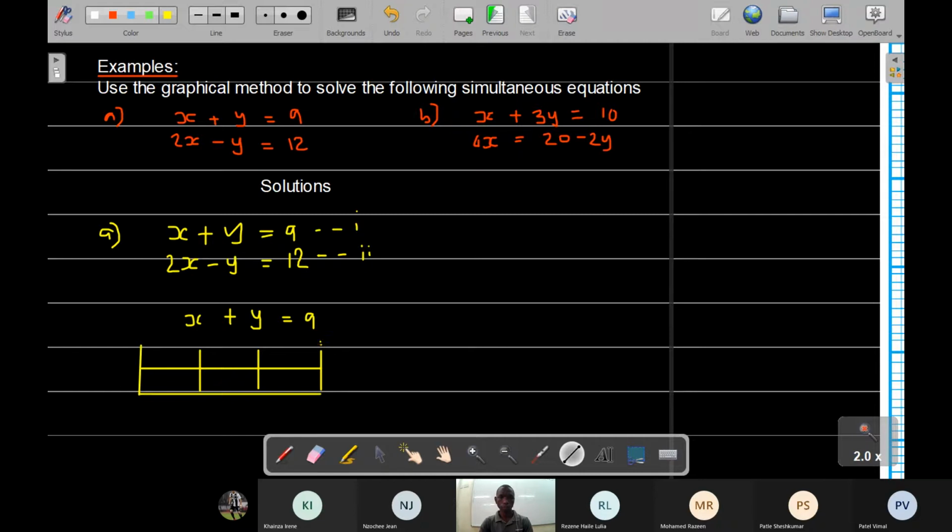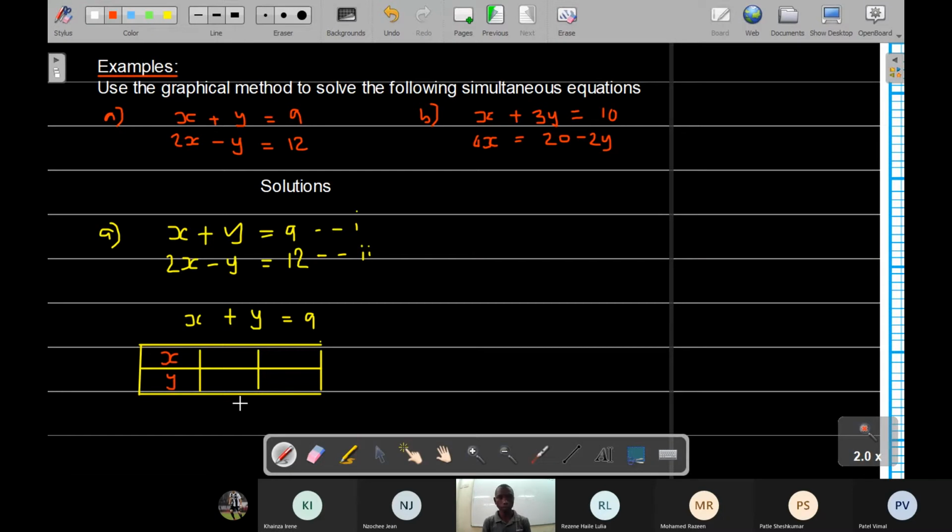In this table, I write the values of x here, and then here the values of y.